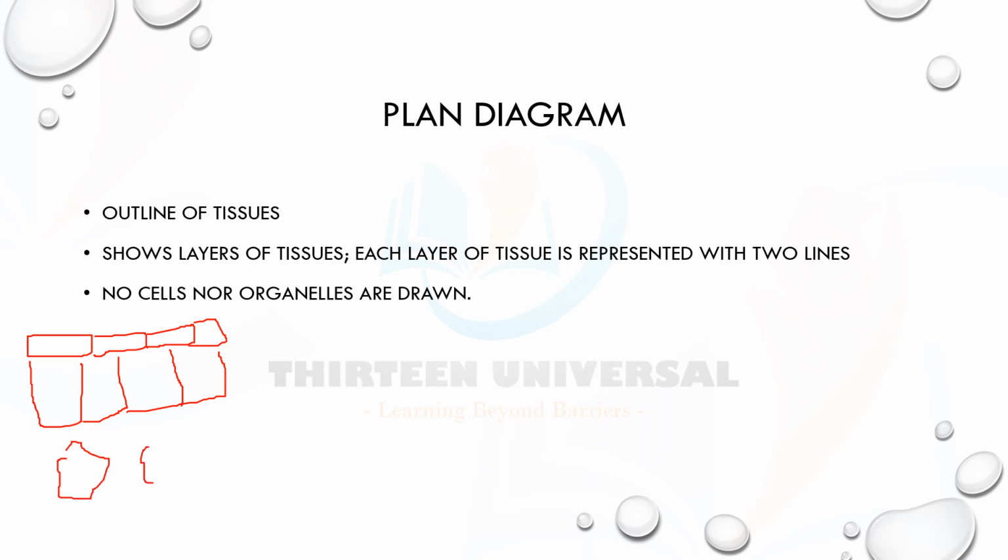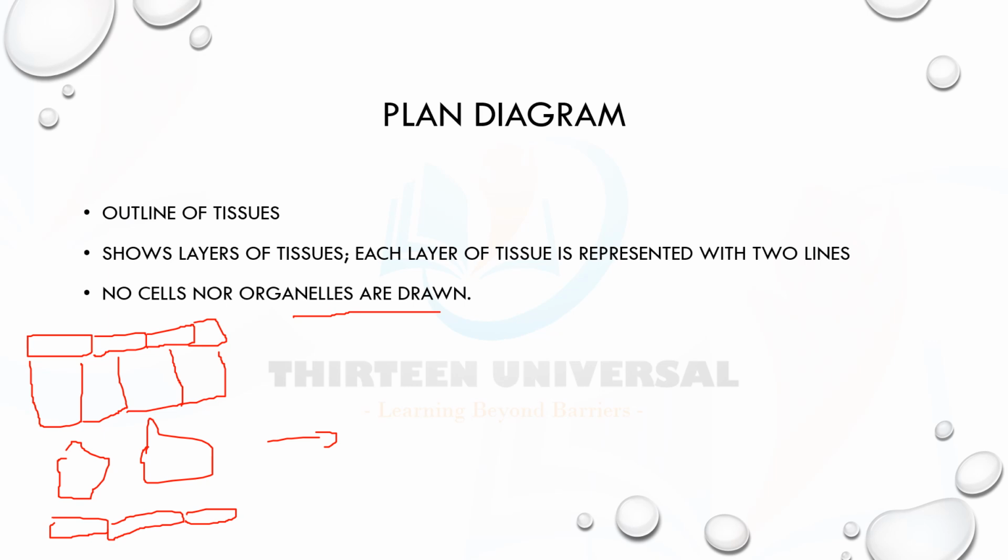I have another one here. Okay, and I have another one here. All right. So if you check, if I'm to draw the plant diagram of this, now this tissue here, I'll represent this tissue using two lines. So this is just two lines.